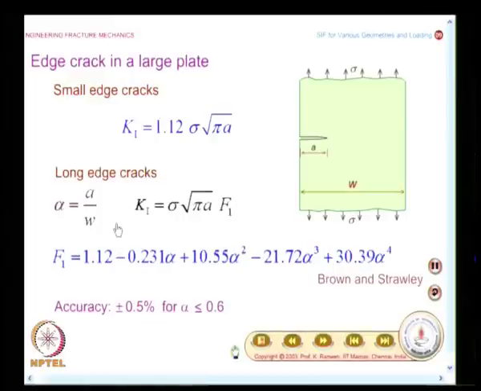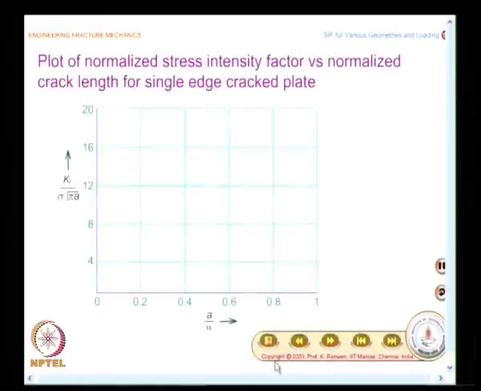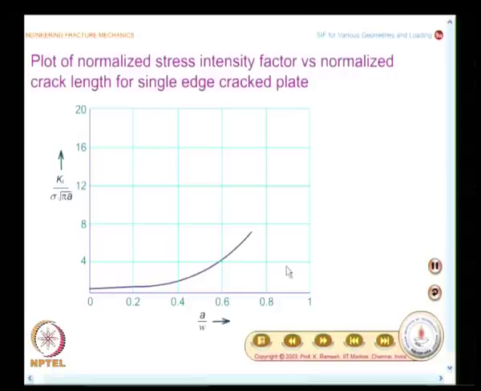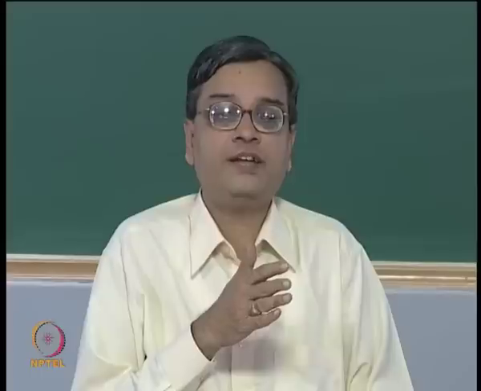So, you have to use the correct value of alpha and then evaluate the expressions, and you also have a variation provided as a graph. So, that gives you how SIF varies, and the variation is much sharper than what you have in the case of a center crack.